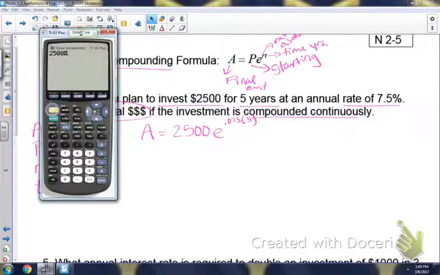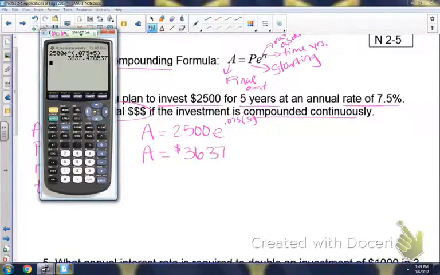And then your E is second divide. And then my exponent is 0.075 times 5. A, which is your final amount, should be $3,637.48. So make sure it's talking about money, that you're rounding it to the nearest cent.